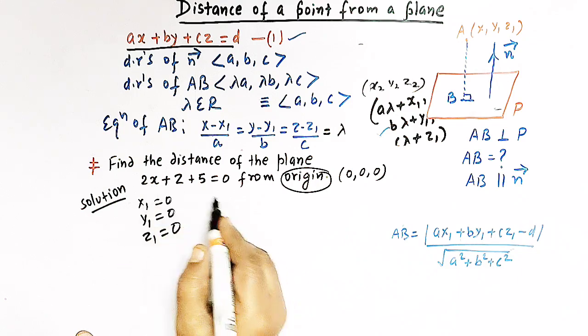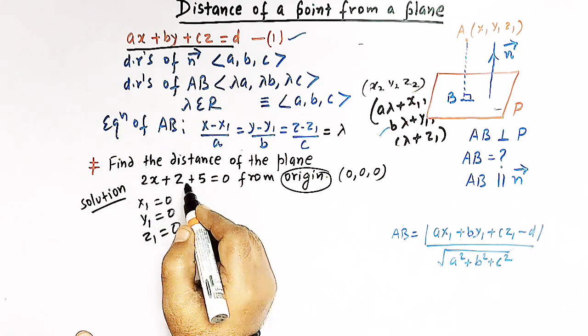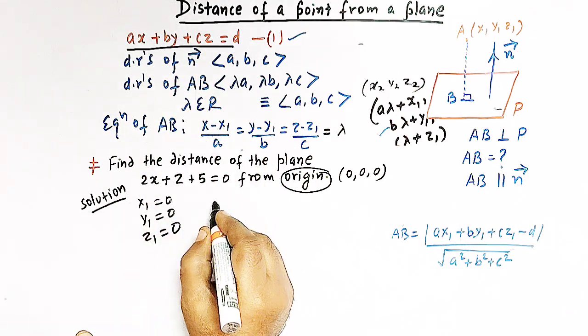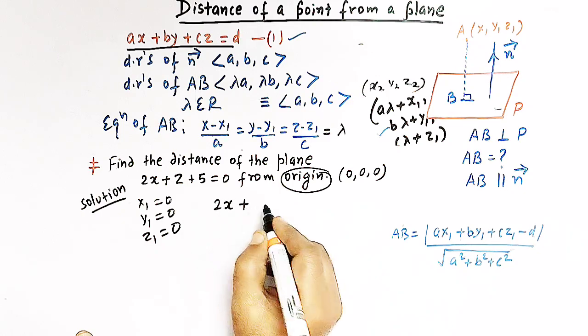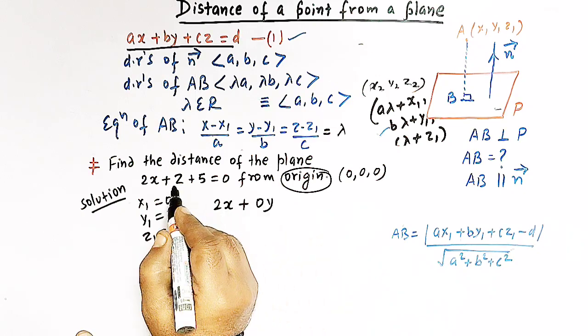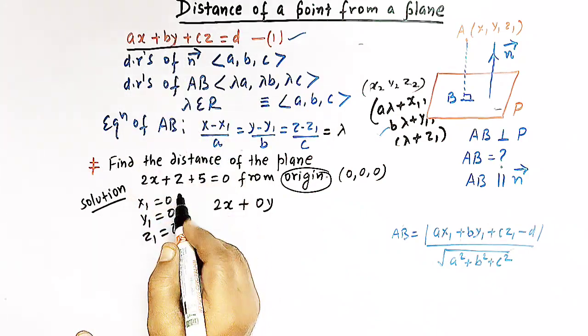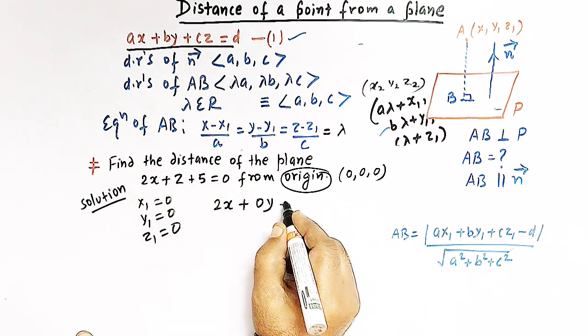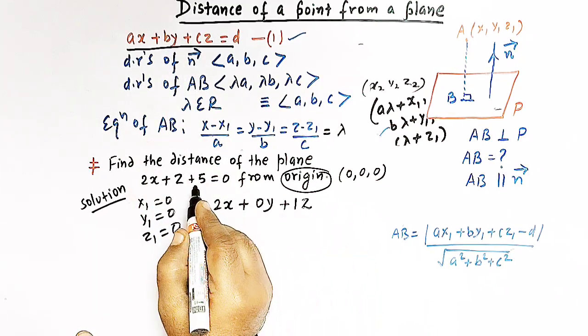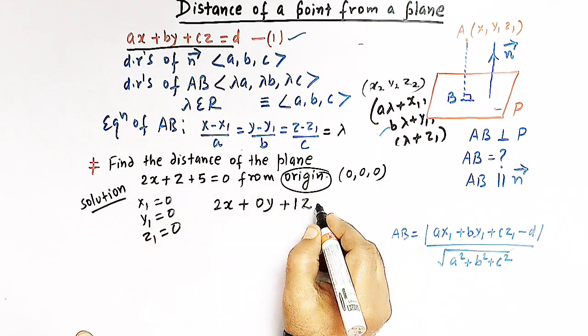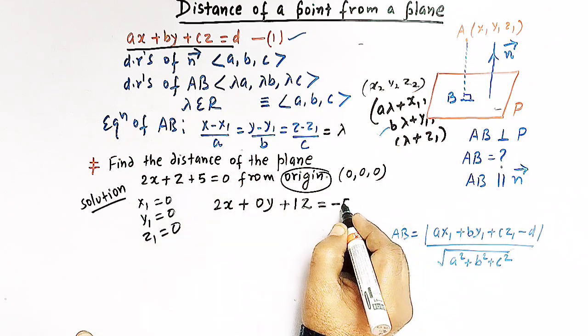The equation of the plane may be written in this form as 2x plus 0y, because here we do not have the term containing y. So we have 0y, then we have 1z, and we can take 5 to this side, so we have minus 5.